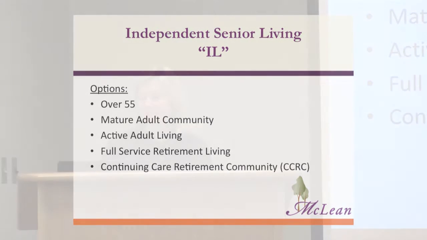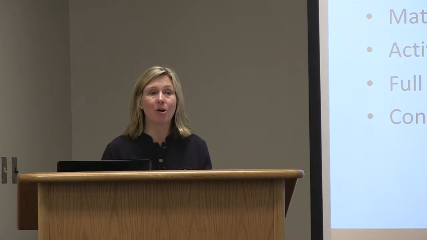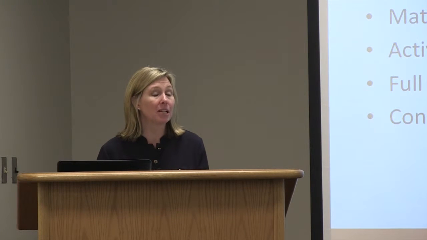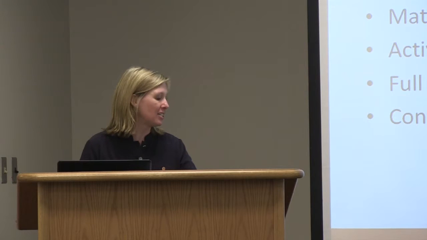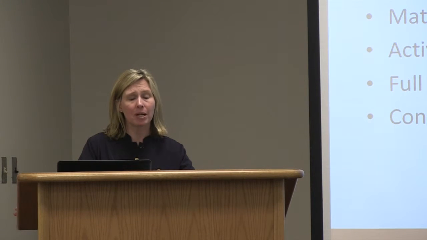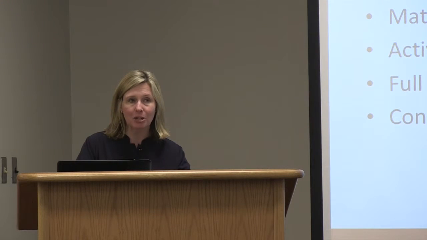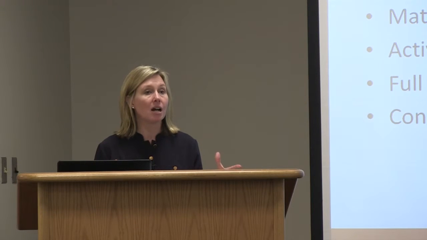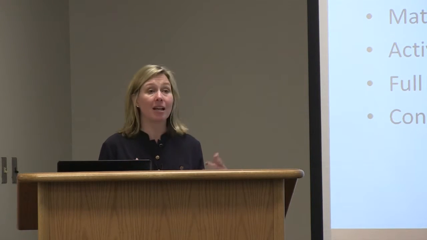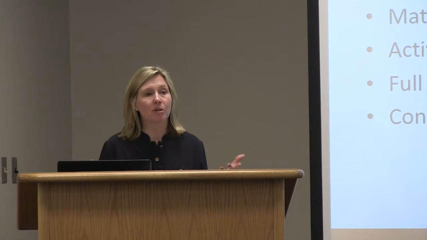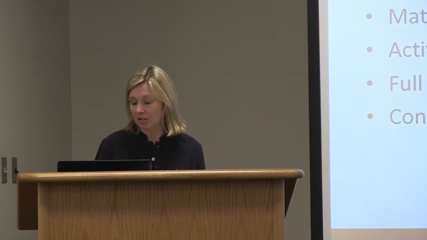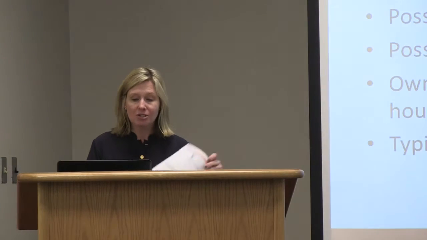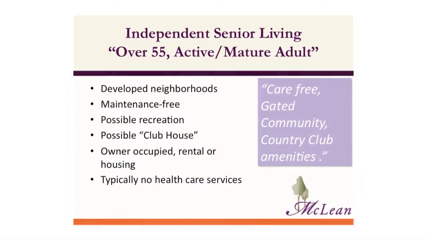This presentation is not specific to McLean, although we can incorporate some of McLean's programs and services into what we're talking about. McLean is a continuing care retirement community offering independent living. So some of these terms do not apply to McLean, but they do come into play when we're talking about independent senior living. So what you might hear is a carefree, gated community with country club amenities.